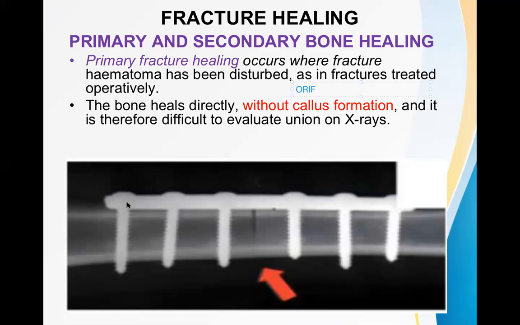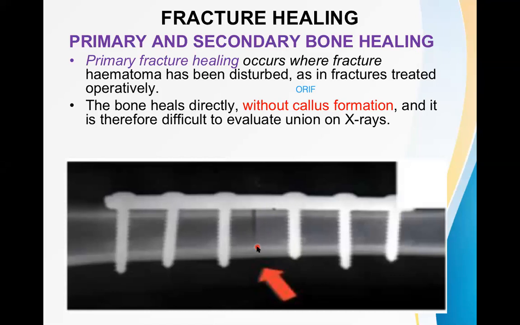So see here, this is a very good X-ray. This is a fracture site. Let me show you here. See here, this is the fracture site which all of you can see. Now I cannot see any callus here. Where is the callus? Nothing, no callus. Why is there no callus?